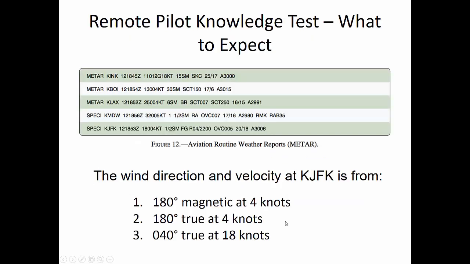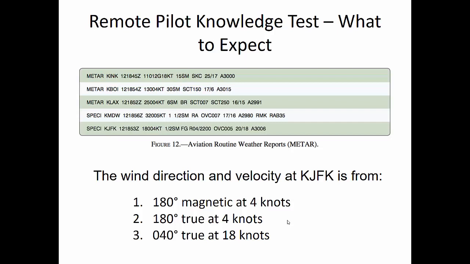So that initial knowledge test is 60 questions. You have 2 hours to take those 60 questions. It costs you $150 to take the test to be certified. I'm going to give you a couple of examples of the types of things that you would see on the test. One is some aviation weather information.